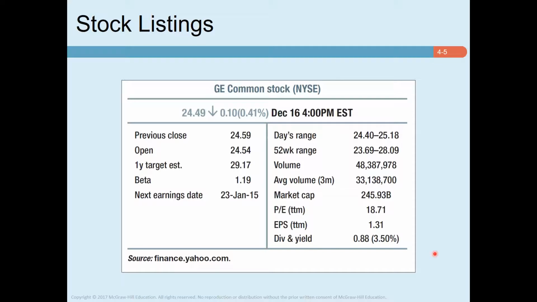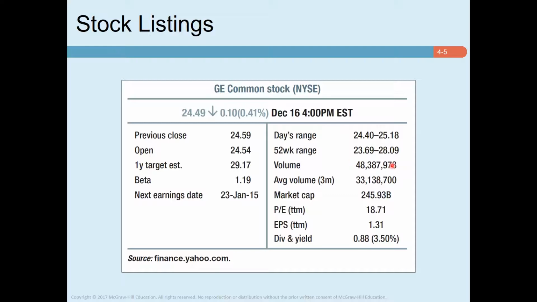You will typically see this information about a company in the financial newspaper. For example, this is General Electric common stock. This is the previous closing price. This is the opening price. This is the day's range, the prices between which the day's transactions took place. The 52-week range is the lowest and highest price of this stock in the last year.